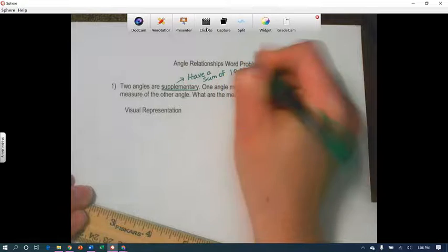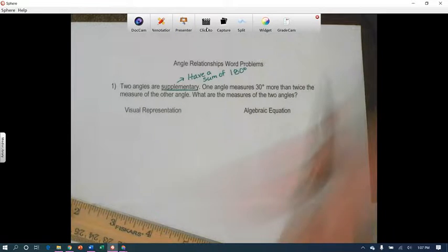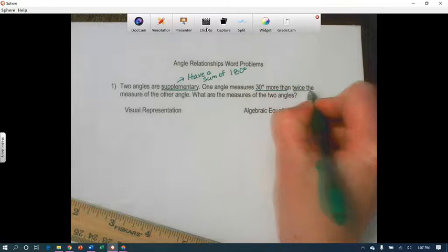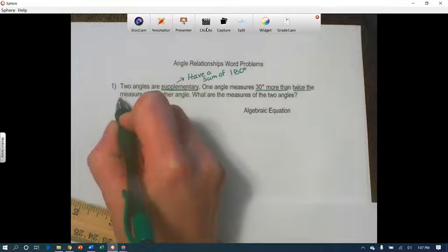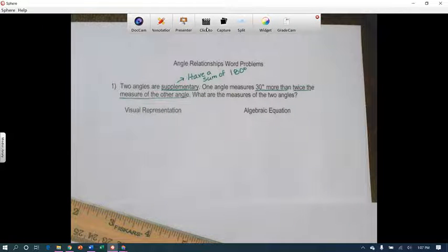They make that straight line. One angle measures 30 degrees more than twice the measure of the other angle. So 30 degrees more than twice the measure of the other angle. What are the measures of the two angles?